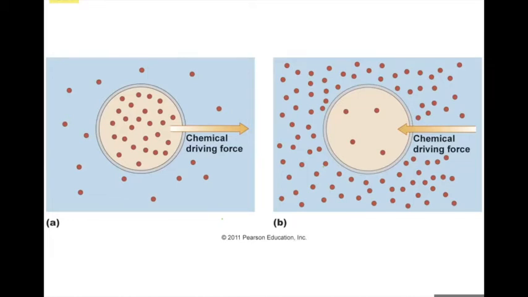If the concentration gradient is greater outside the cell, the chemical driving force, the concentration gradient, will be driving everything into the cell, providing they can cross that cell membrane.